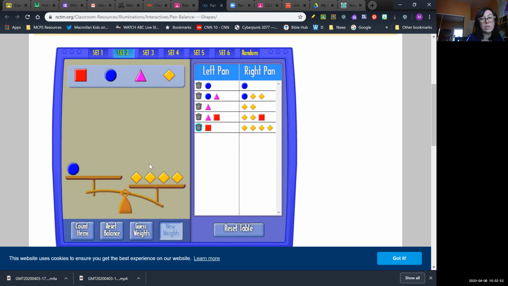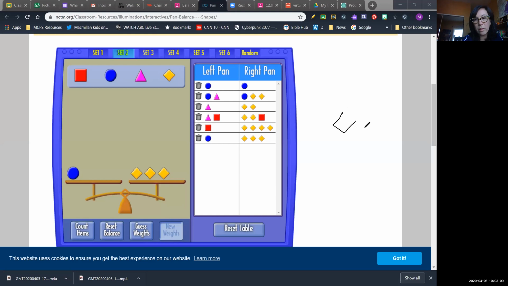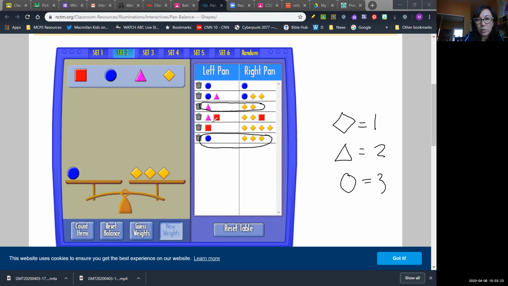Ooh, let's see. 4 diamonds is too heavy. 3 diamonds. So in this case, we're going to say that the diamond is 1. If the diamond is worth 1, then the triangle is worth 2. The circle is worth 3. And the square is worth 4.